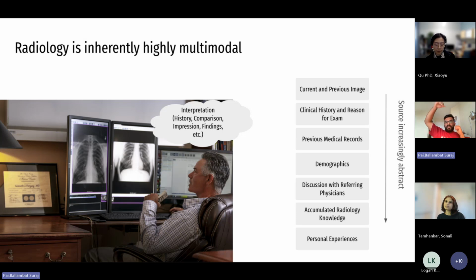And then as you go down this more abstract hierarchy, you get towards things like knowledge from your experiences or accumulated radiology knowledge that you've gotten over your years of training. So things keep going increasingly abstract, and it's more difficult to determine, as you go down this hierarchy, where the source of knowledge comes from.